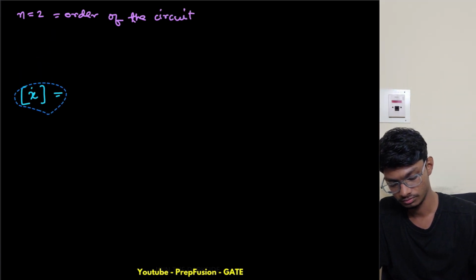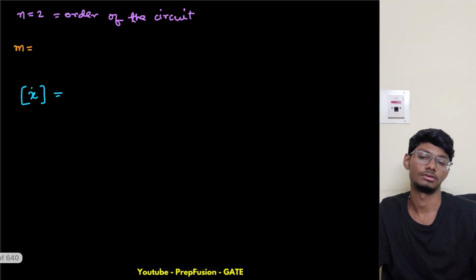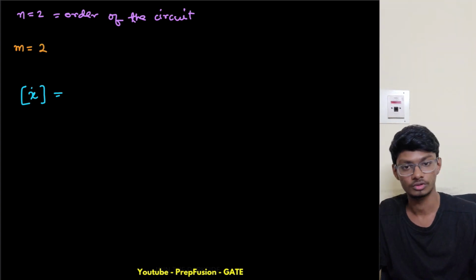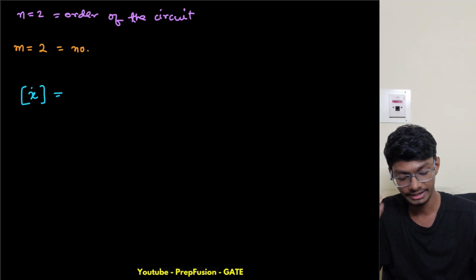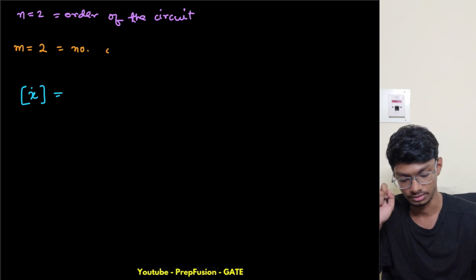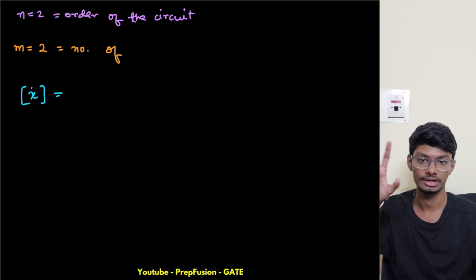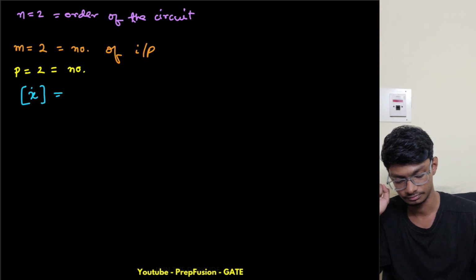Now what is m? m is equal to 2, because I have 2 inputs, so it is the number of inputs. Why am I writing this multiple times? To keep this in your head. These things you have to remember, just to get an idea how the matrix will look. And p is also 2, which is the number of outputs.